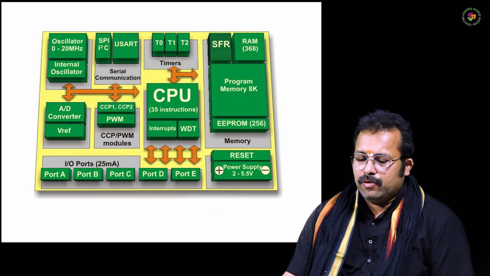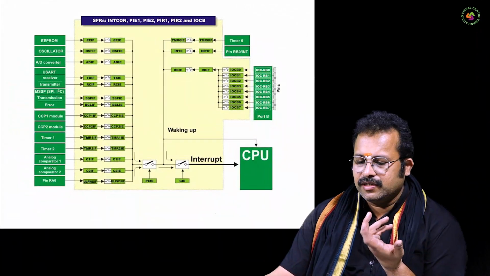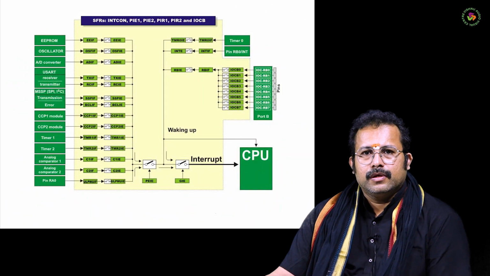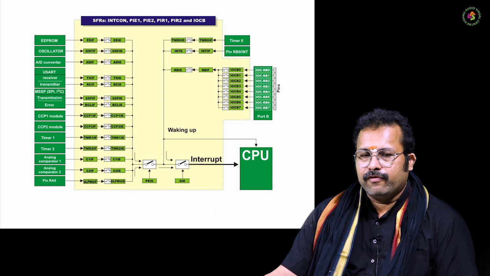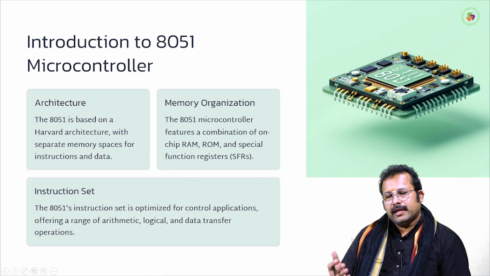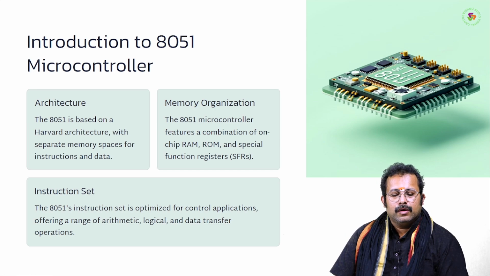So we already know that the 8051 microcontroller is a versatile device known for its simplicity, its cost-effective products, as well as powerful features. Now, coming to the introduction part, just as a recap, I am going to discuss the architecture.